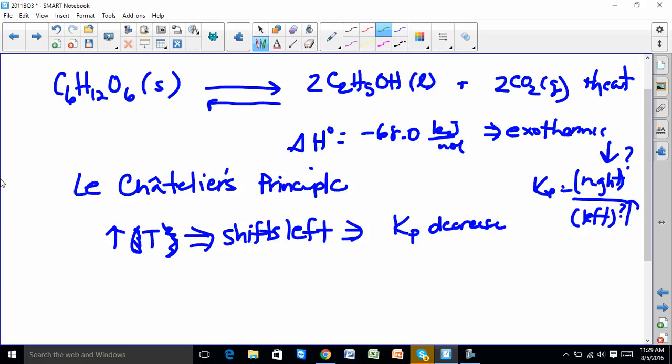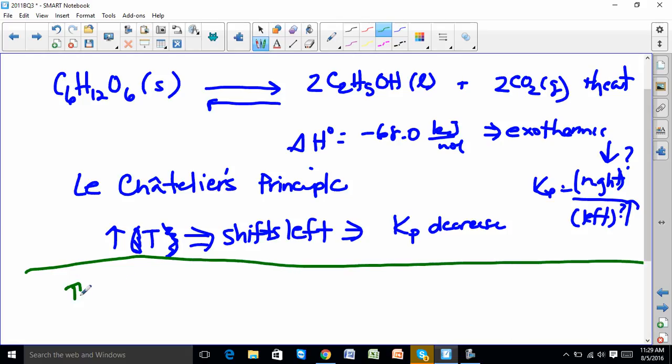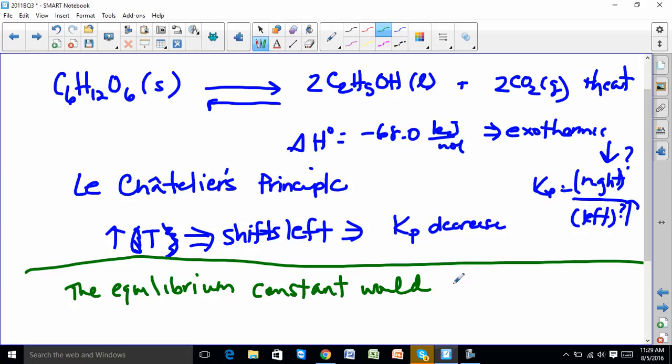So I'm going to come down here, draw a line, and say the equilibrium constant would decrease. Always answer the question in the first sentence. And then here's your justification. I was just doing this to explain to you.